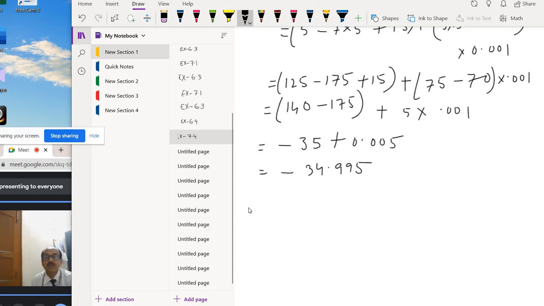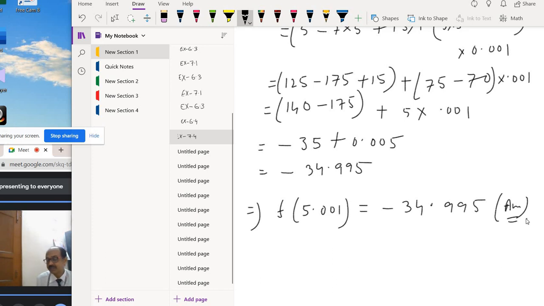So therefore f of 5.001 is equal to minus 34.995. This is the answer. Okay, is it clear? Yes, sir.